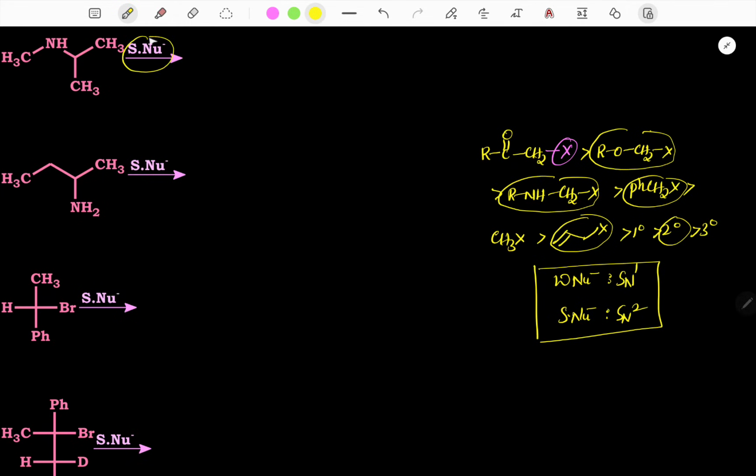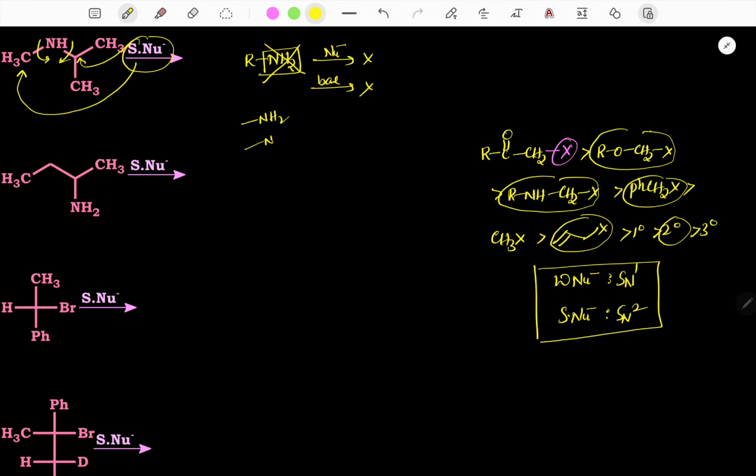Strong nucleophile, so we expect it has to react here or it has to react here. Either this bond or this bond has to break. But again, we have discussed already, RNH2. NH2 is not at all a leaving group for a nucleophile or for a base. Nitrogen is not a nucleophile here.